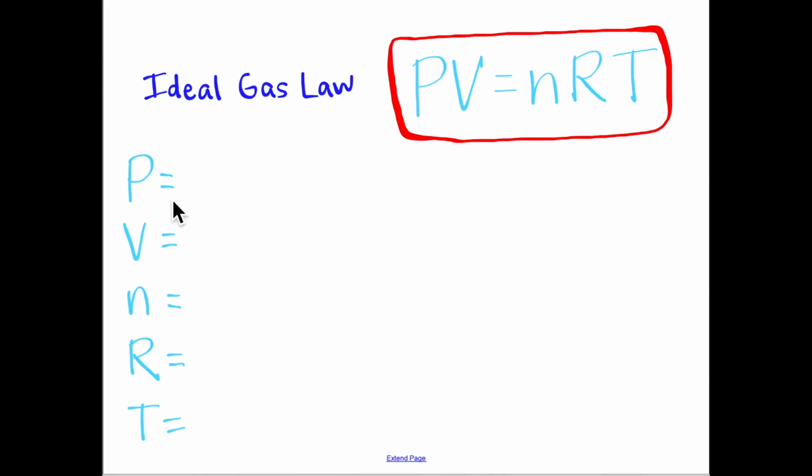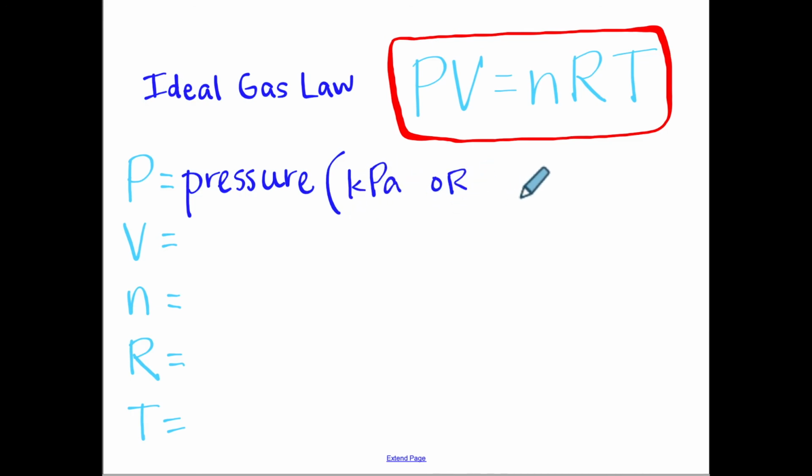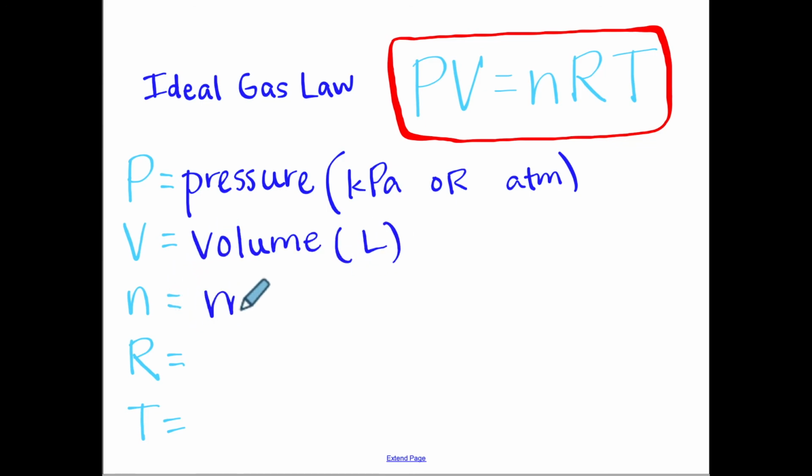In the ideal gas law, P stands for pressure, and the pressure when you're using the ideal gas law has to be in either kilopascals or atmospheres. If you have pressure given to you in a different unit, you have to convert to one of these. For the ideal gas law, the volume has to be in liters, and then N stands for the number of moles, measured in moles.